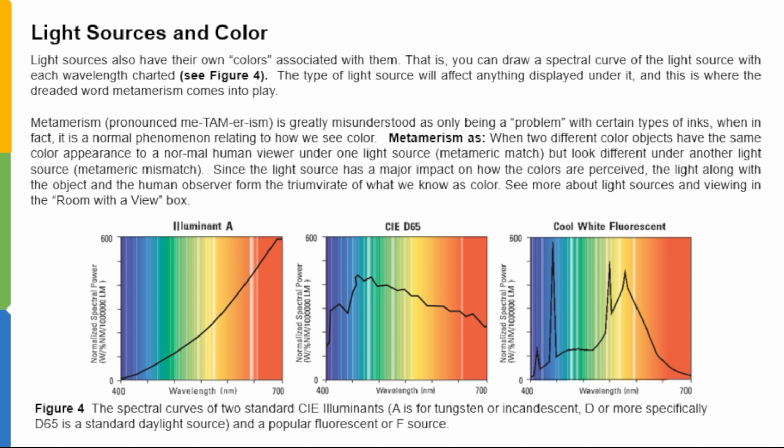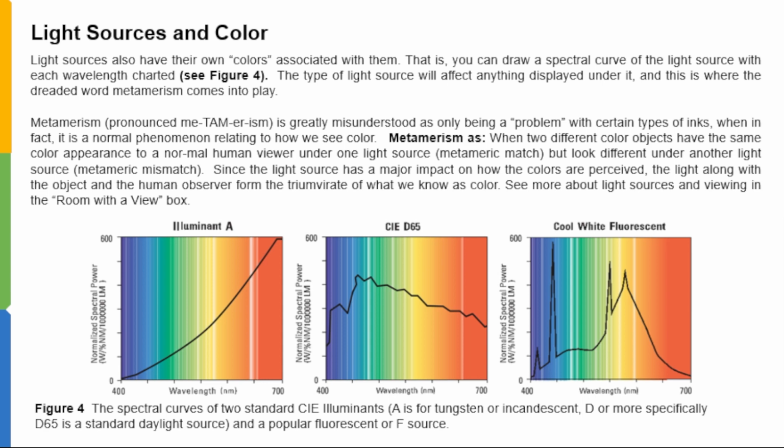And this is where the dreaded word metamerism comes into play. Metamerism, pronounced met-am-er-ism, is greatly misunderstood as only being a problem with certain types of inks, when in fact it is a normal phenomenon relating to how we see color.